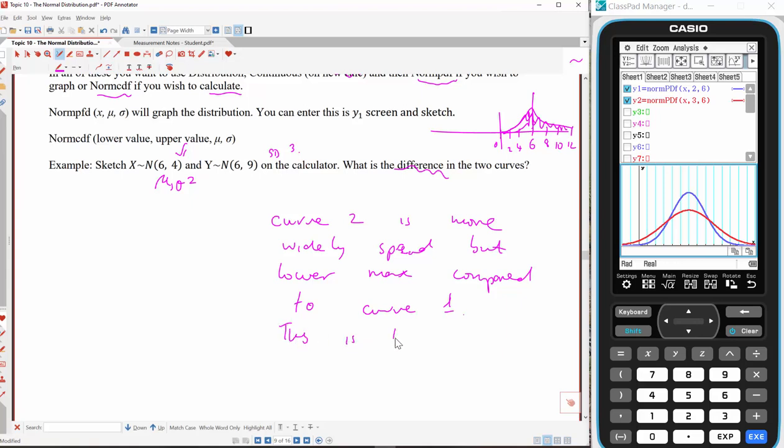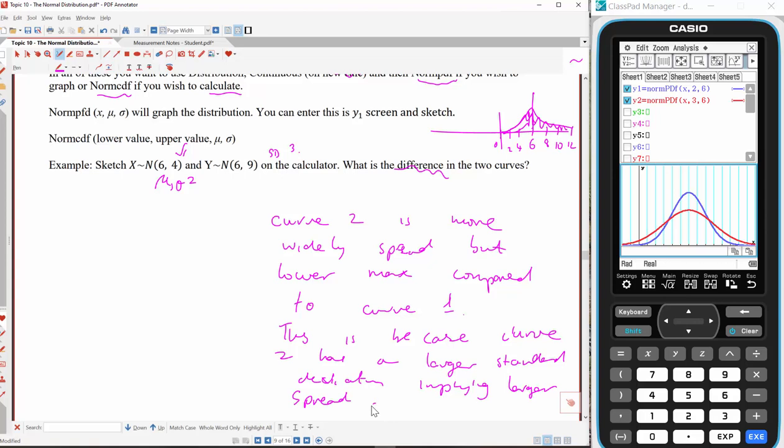This is because curve 2 has a larger standard deviation, implying a larger spread around the mean. All right, so that's basically what happens.